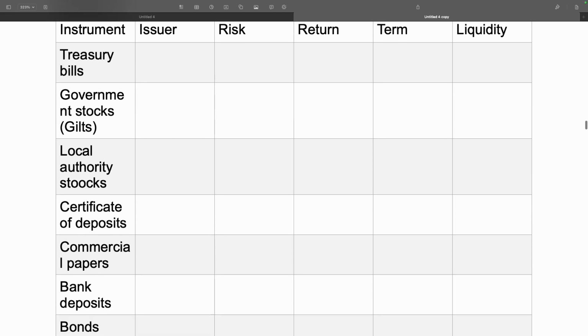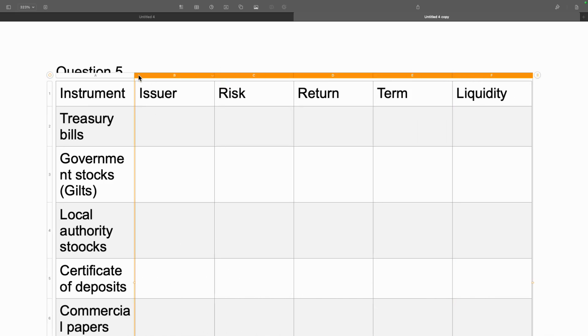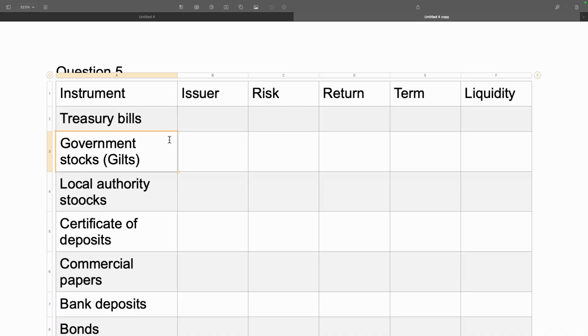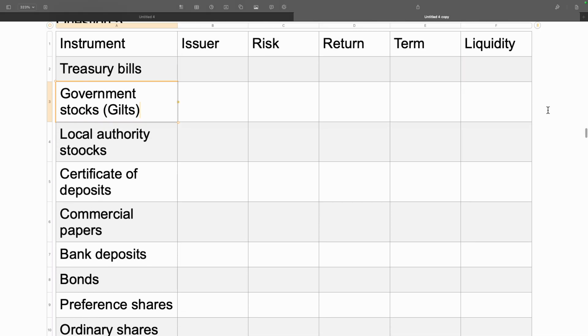Right, here's a table. I want you to fill up this table in terms of who is the issuer, high risk, low risk, moderate risk, whether the returns are high, low, moderate, how long is the term, whether it's liquid or illiquid.